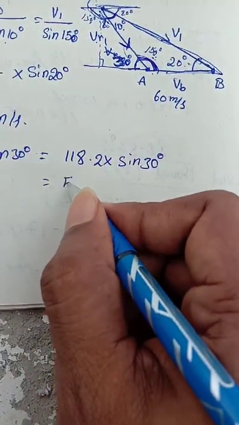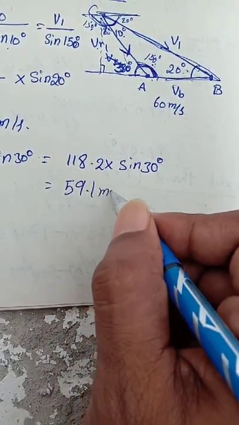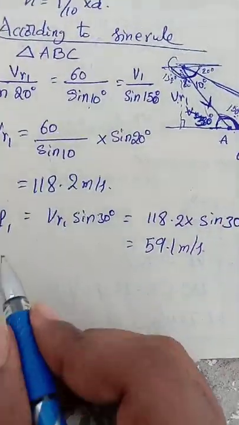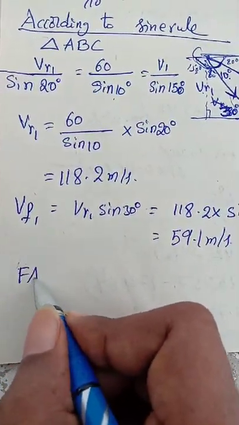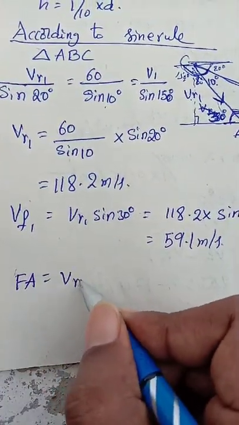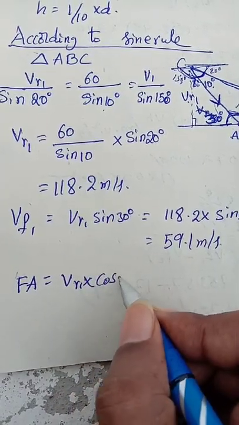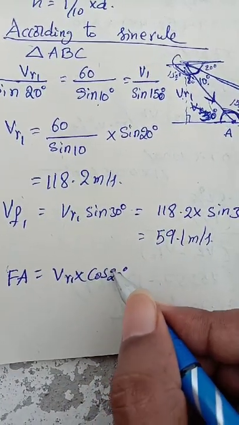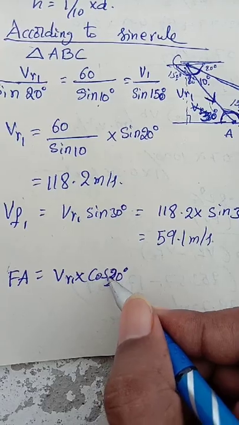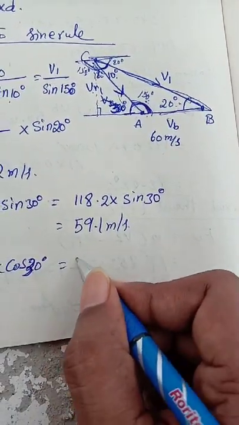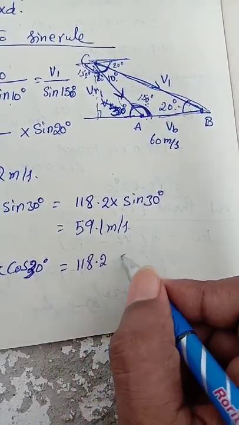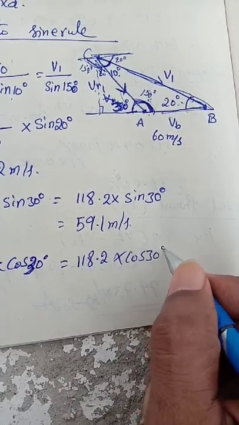Calculate this meter per seconds. Now we go for FA is equal to VR1 into cos 30, that is equal to 118.2 into cos 30 degrees.